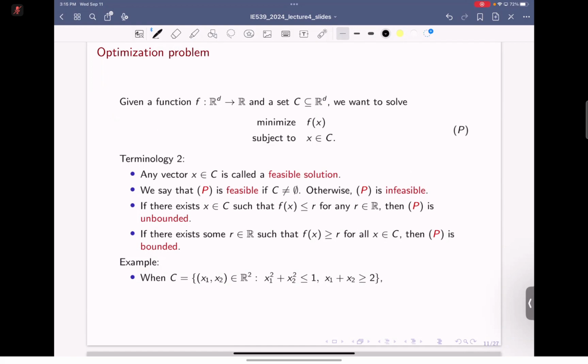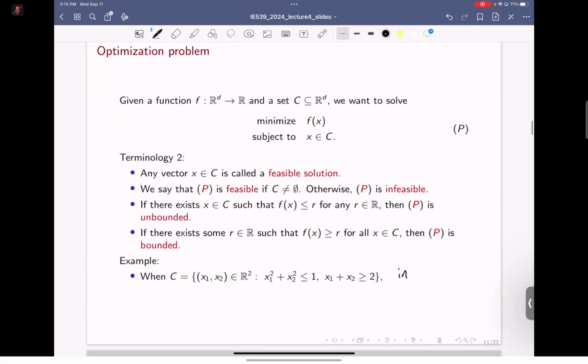This is the sphere around the origin with radius 1, and this thing defines a hyperplane or half space. If you take the intersection of these two, you get an empty set. So if the domain is C, then the problem is infeasible. There's no solution satisfying these two constraints. This is infeasible.